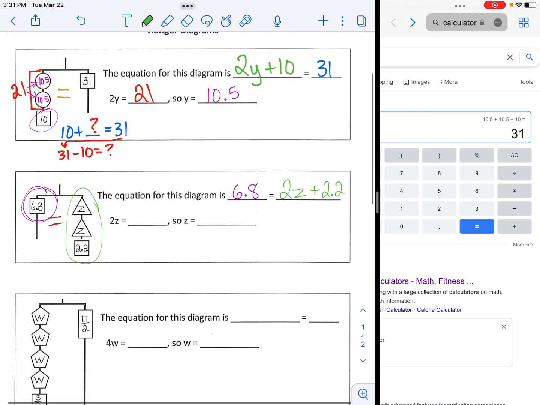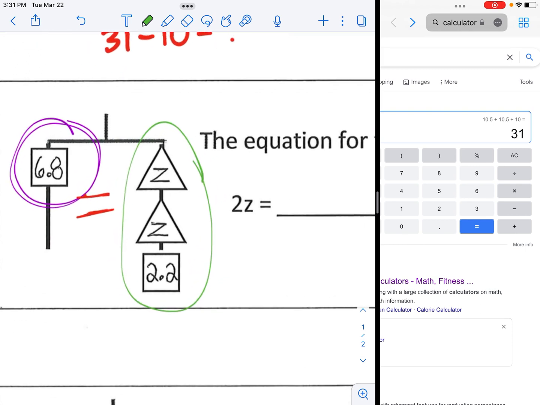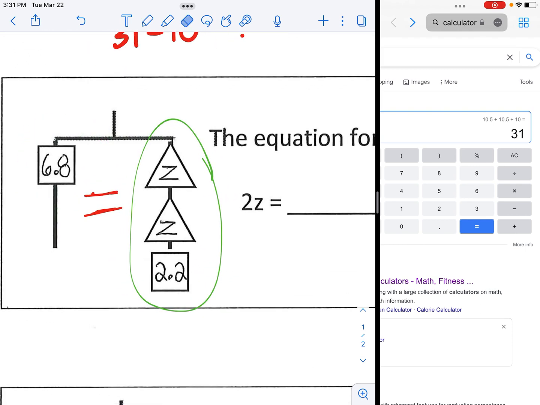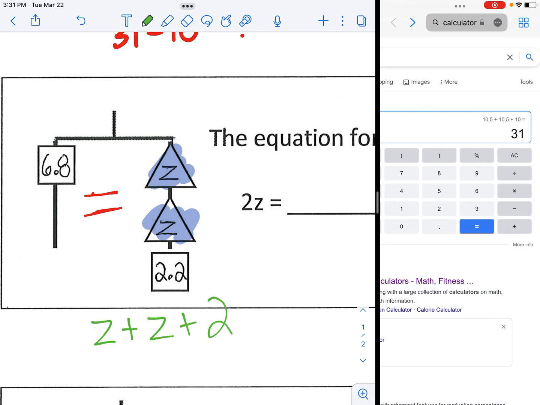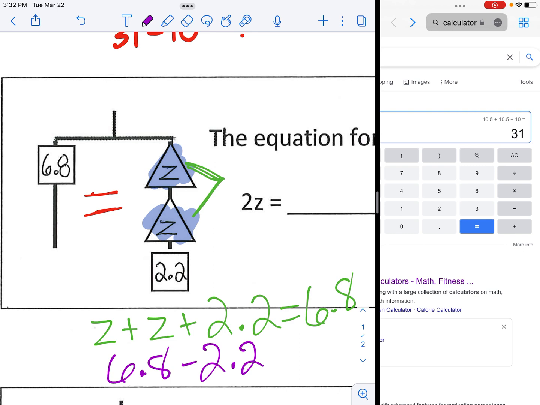This one's trickier because it has decimals, but I'm going to use my calculator. I know that these two z's plus that bottom box have to equal 6.8. So these two together have to equal 6.8, the number by itself, minus 2.2.